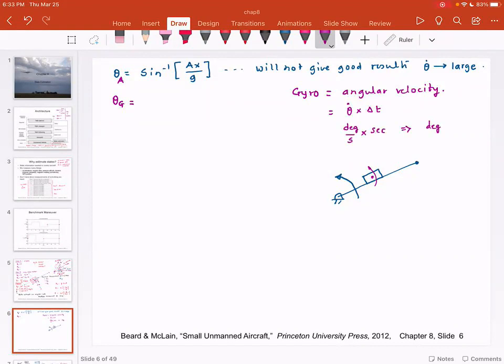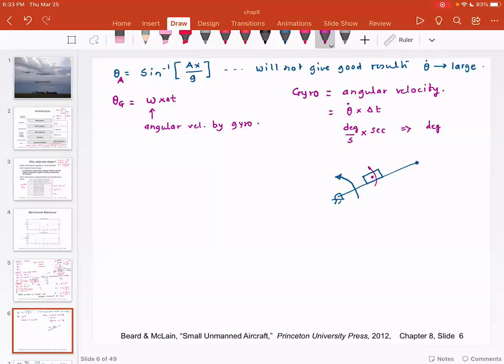So it's omega multiplied by t, where omega is the angular velocity given by the gyro, and t has to be delta t, the difference between the previous time and the next time.